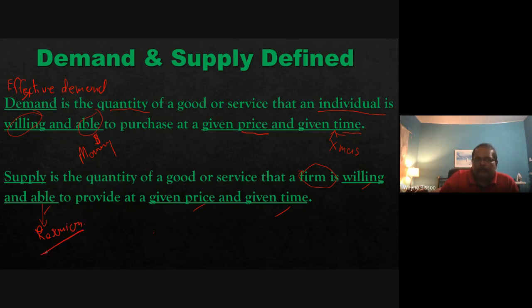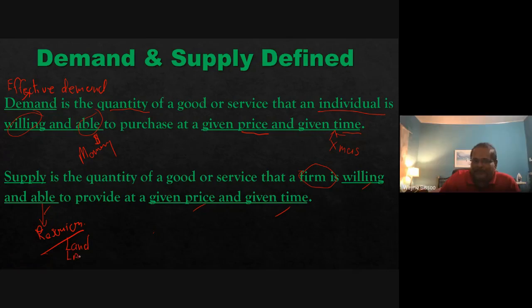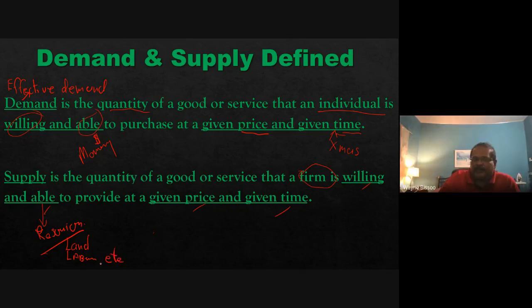All right, you all know what the resources are, right? Land, labor, right? All right, so you all know those factors of production. Factors of production. Very good. Given price, at higher prices, well, we'll see with the law of supply just now, they need certain profit levels to be able to produce goods and services.